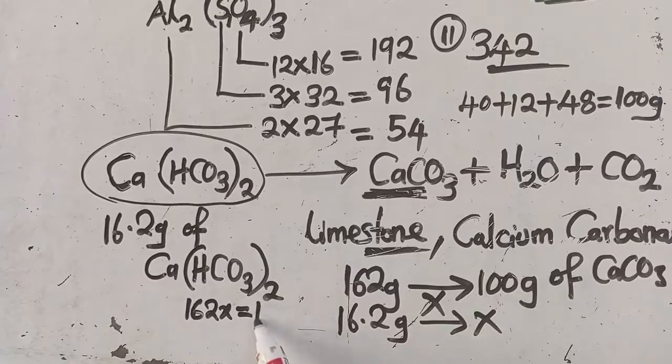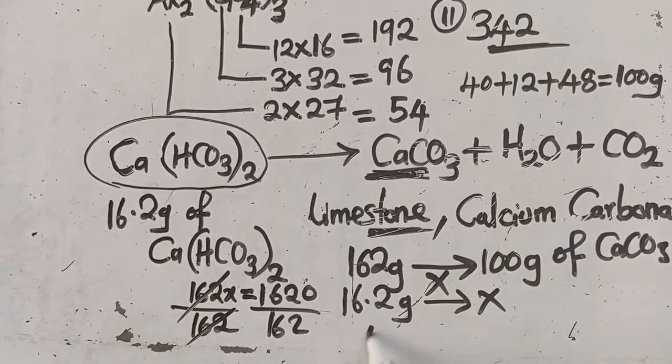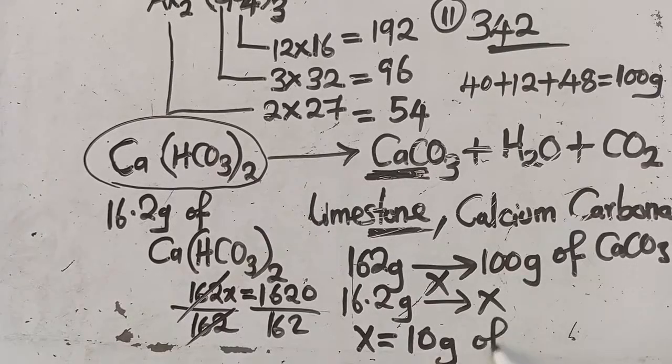What is the answer? 1620. You divide both sides by 162. This and that cancel so that we just have x, which is equal to 10. So the mass is 10 grams of calcium carbonate. The method that I've used here is called mass to mass calculations.